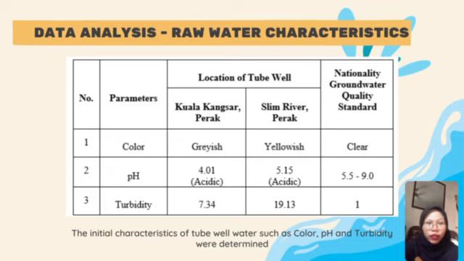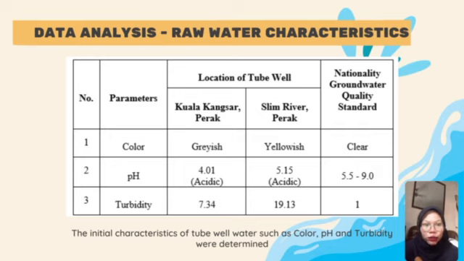Macam kita boleh tengok di dalam jadual ini, ini ialah data yang kita ambil pada sampel water sebelum melakukan apa-apa test. Kita boleh tengok pada location satu iaitu Kuala Kangsar, color ialah greyish, pH ialah 4.01 acidic dan turbidity dia ialah 7.31.